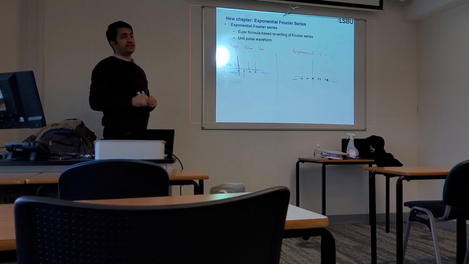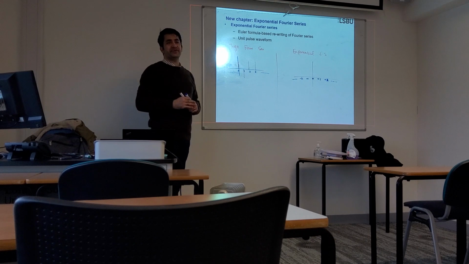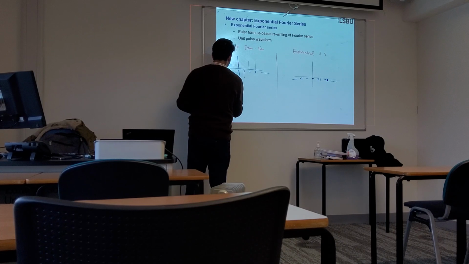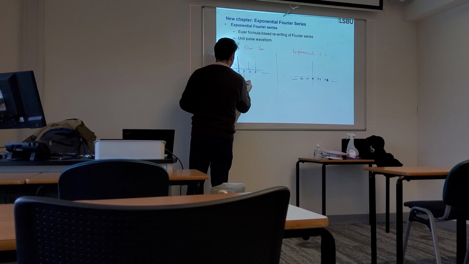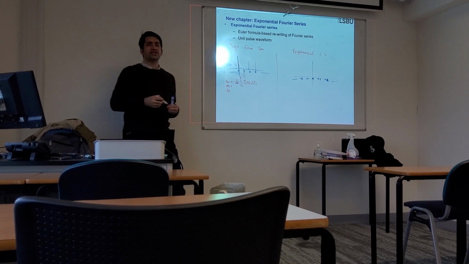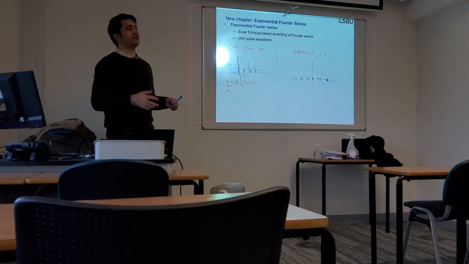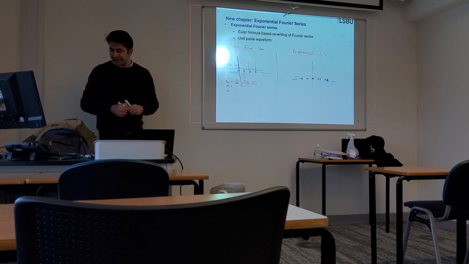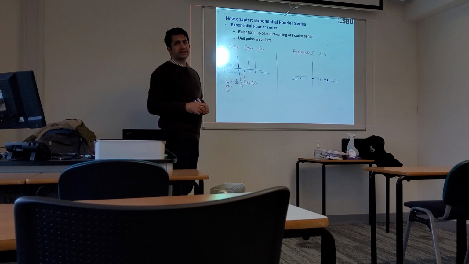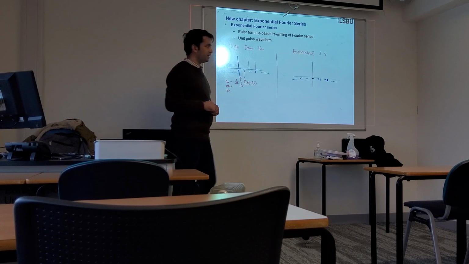There are other differences. We do have a difference in the mathematical form. For example, we know that in this case a naught has some value, an has some value, and bn, which we already know, is 1 by 2 pi, integral from minus pi to pi of f of theta d theta. We just saw that these are the coefficients for Fourier series if it is a trigonometric Fourier series. However, if we go for an exponential Fourier series, they have a different set of constants.